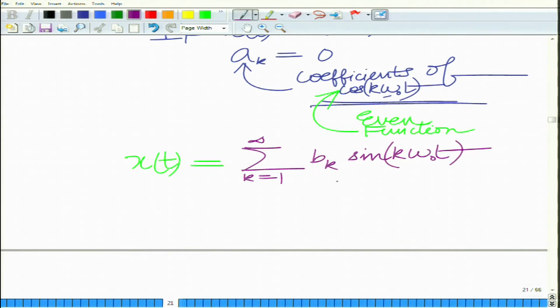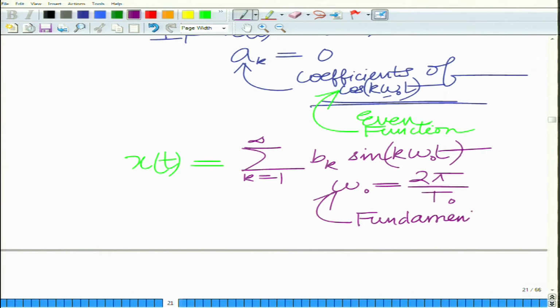It is a very convenient way to express the expansion of the series. And remember, omega naught as always is 2 pi by T naught, the fundamental angular frequency.